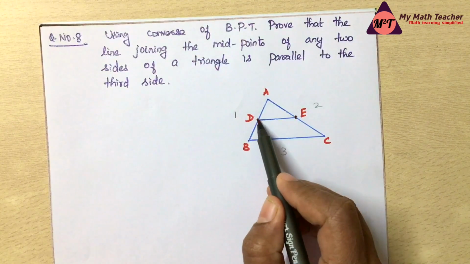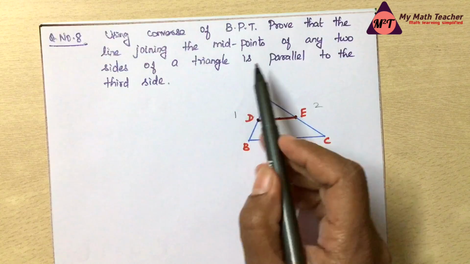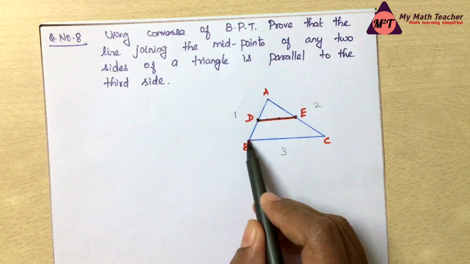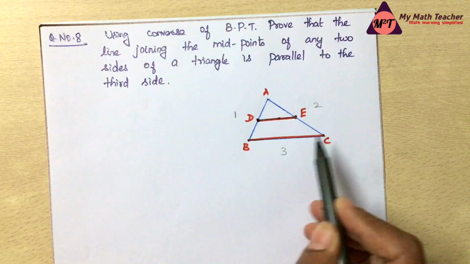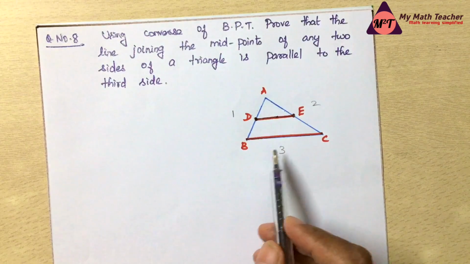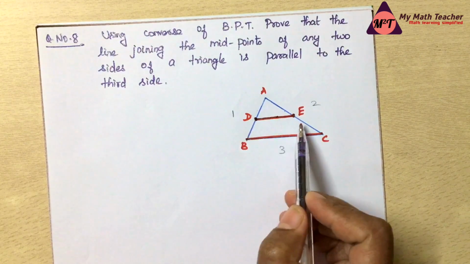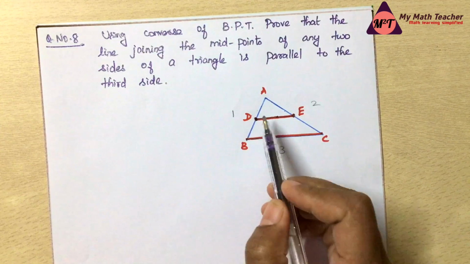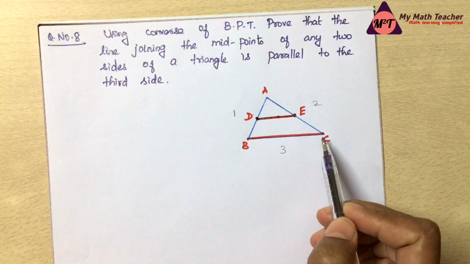Now, when you join D to E, this line should be parallel to the third side. This is what we have to prove. Let us explain the diagram. We can say D and E are the midpoints of AB and AC respectively, and what we have to prove is DE is parallel to BC.